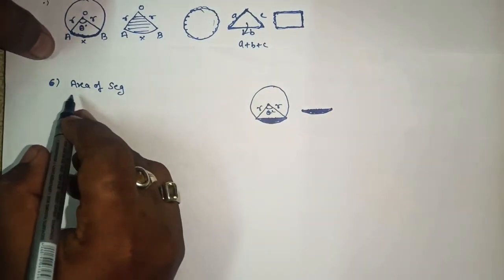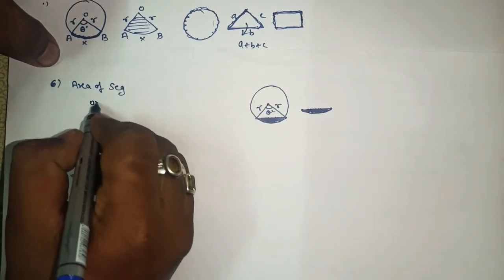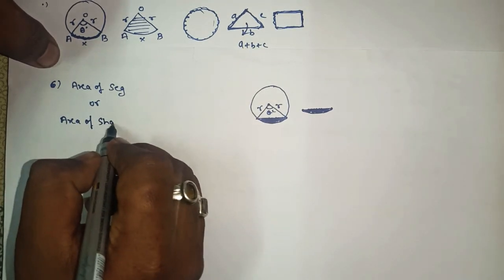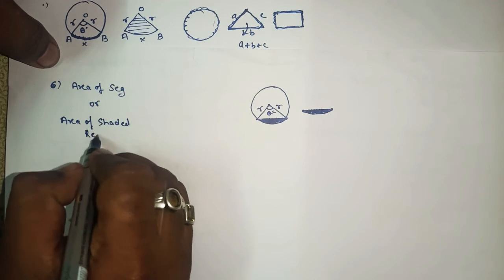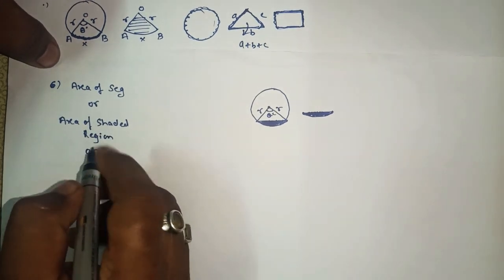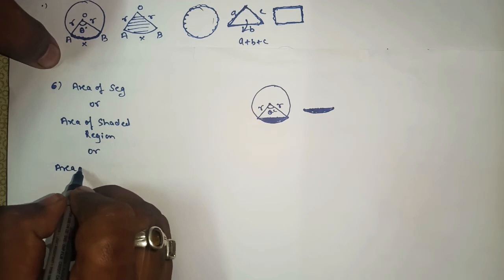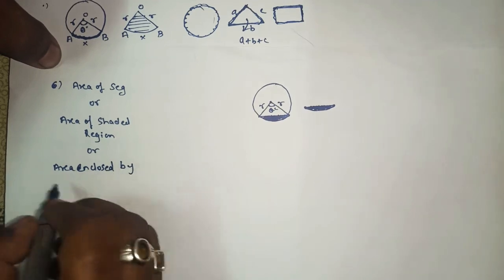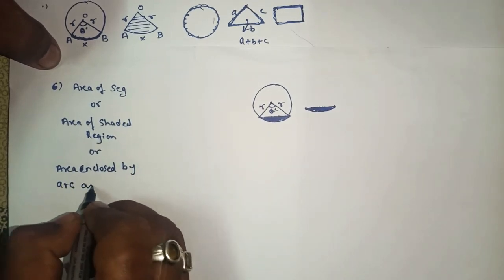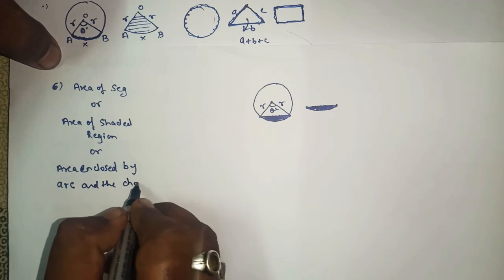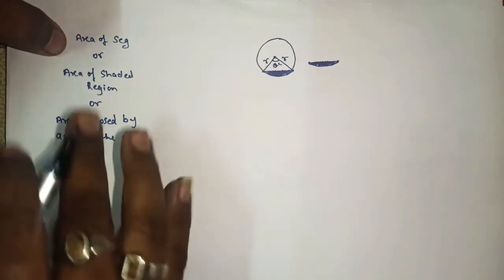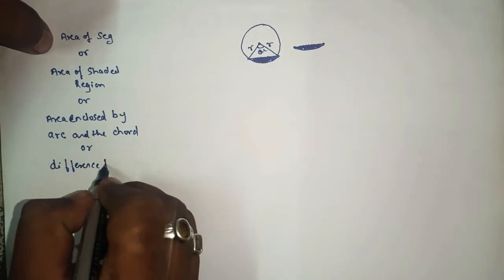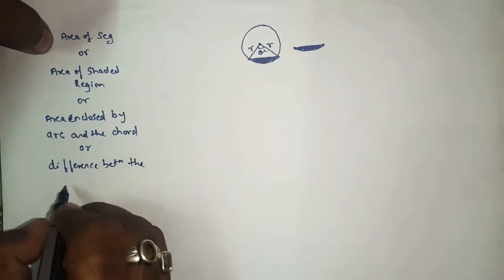Sometimes they will use the words area of segment, or to find the area of shaded region, or sometimes the area enclosed by the arc and the chord, or sometimes in the question you have to find the difference between the areas.